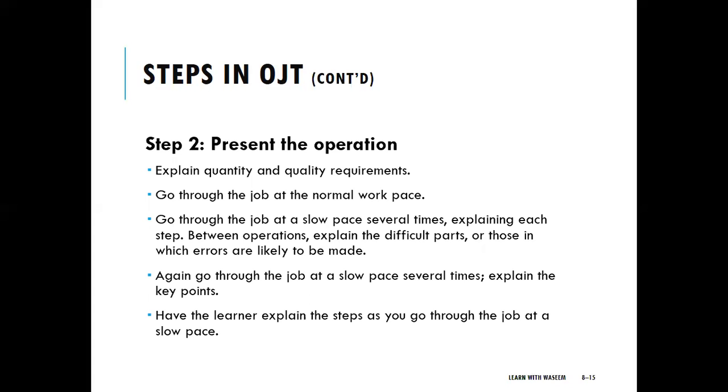Explain the difficult terms or those in which errors are likely to be made. Again, go through the job at a slow pace several times and explain the key points. At the end, have the learner explain the steps as you go through the job at a slow pace. These are some of the important points included in the second step, present the operation.